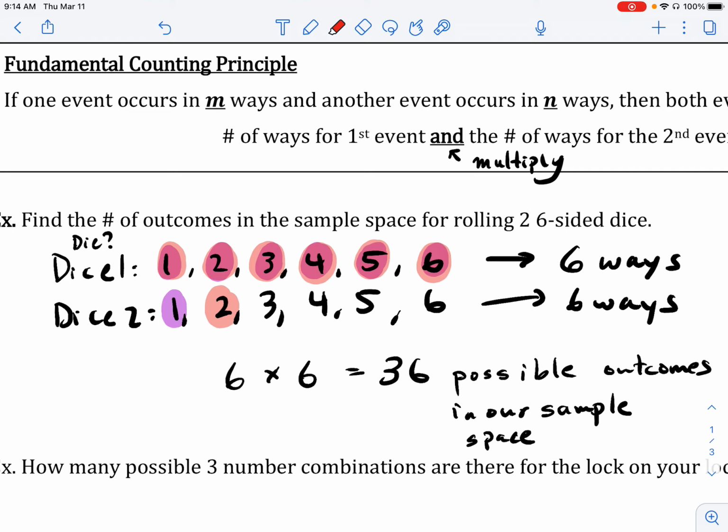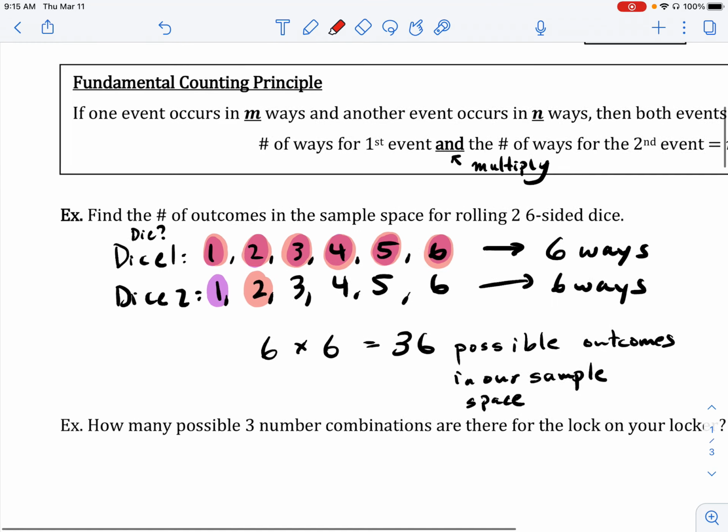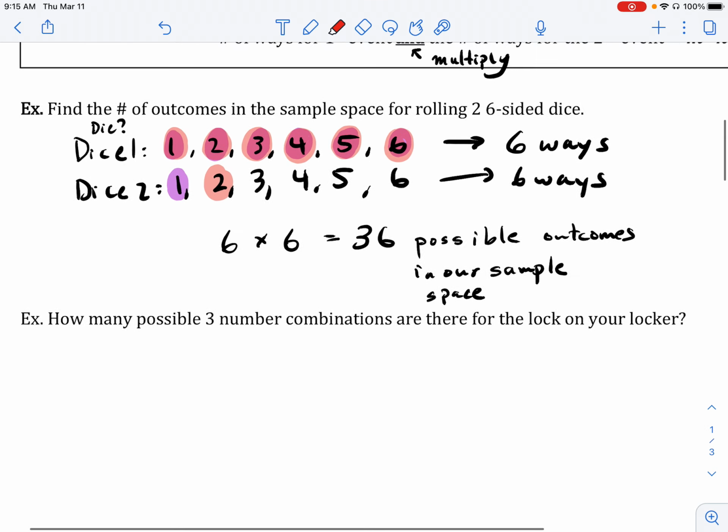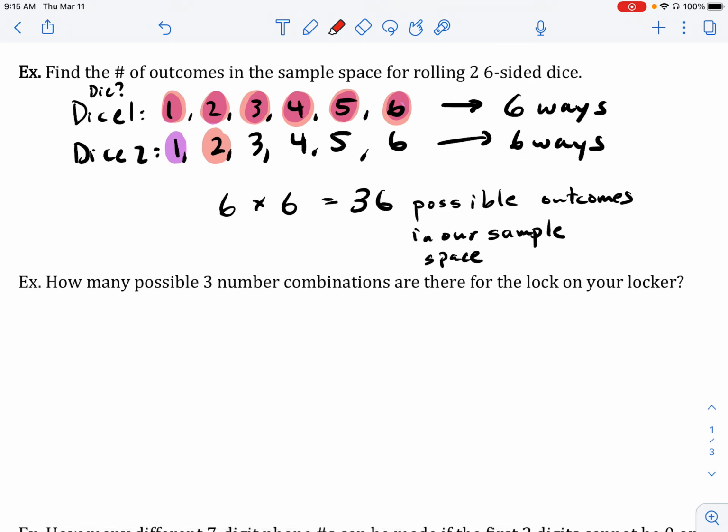And if we go down the line, we're going to have 6 different sets of 6 occurring there, which is what the fundamental counting principle allows us to do pretty efficiently. Just to count the number of ways that the first event can occur, the number of ways that the second event can occur, and just go ahead and quickly multiply to find out the total number of ways that the 2 events can occur together.